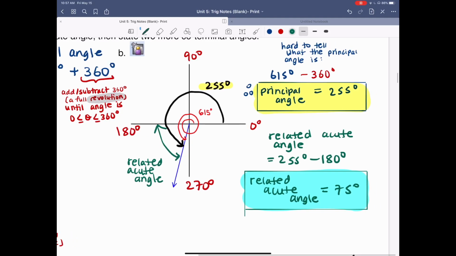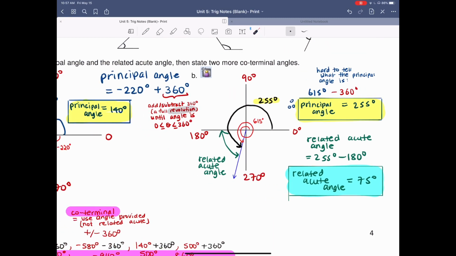And so that's why the visual really matters and you're understanding what's going on visually. Because it's not a very good idea to try to memorize, oh, I add 180, I subtract 180, I'm going to do this and that. But look at the picture, right? If you have the angle at 255 degrees, well, I'm not going to do something with a 270. I'm going to do it with respect to this line.